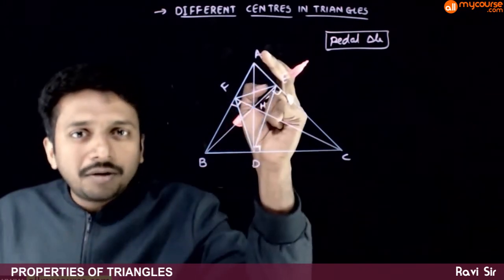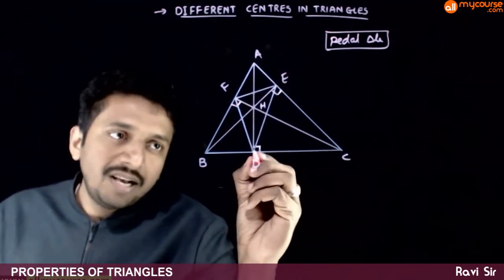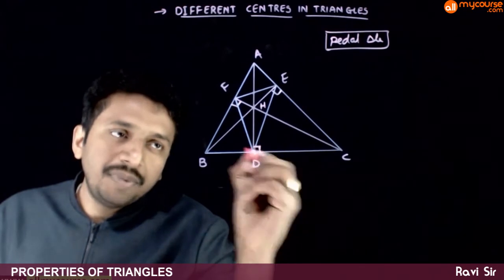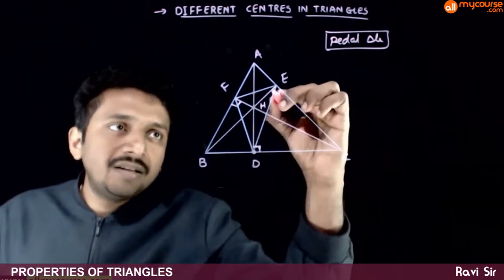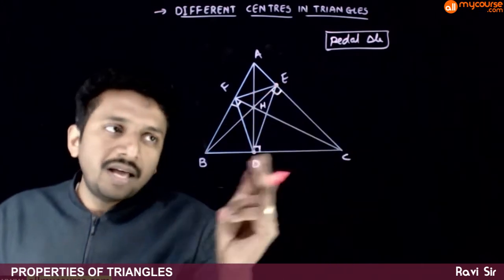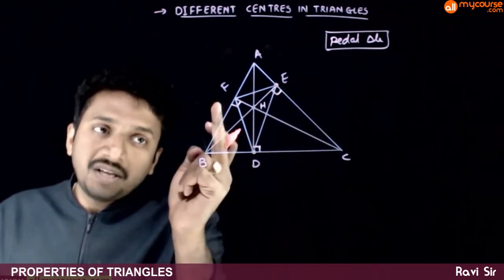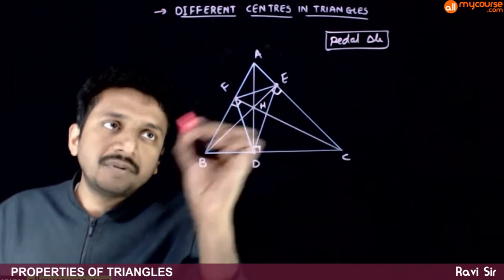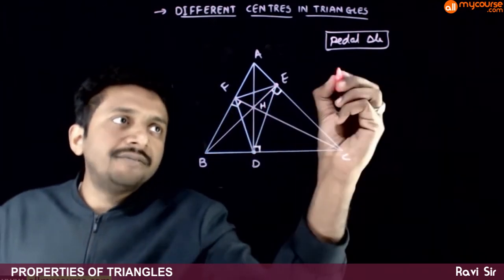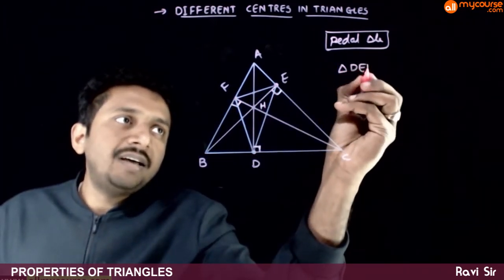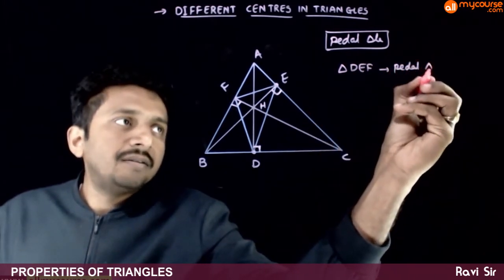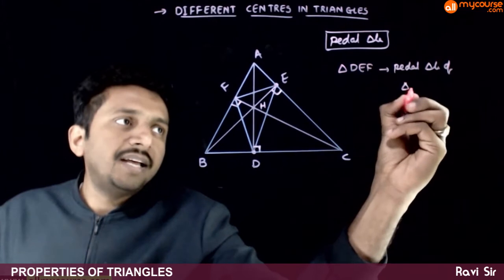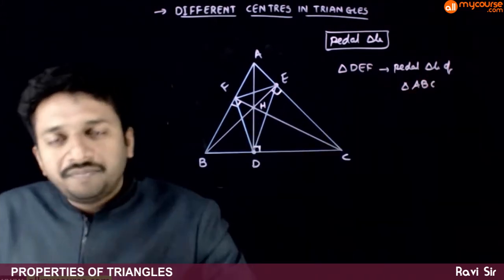If you draw the altitude from A onto BC, let the foot of the perpendicular be D. You draw the altitude from B onto AC, let the foot be E, and let the foot of the perpendicular from C onto AB be F. The triangle DEF is called the pedal triangle of triangle ABC.